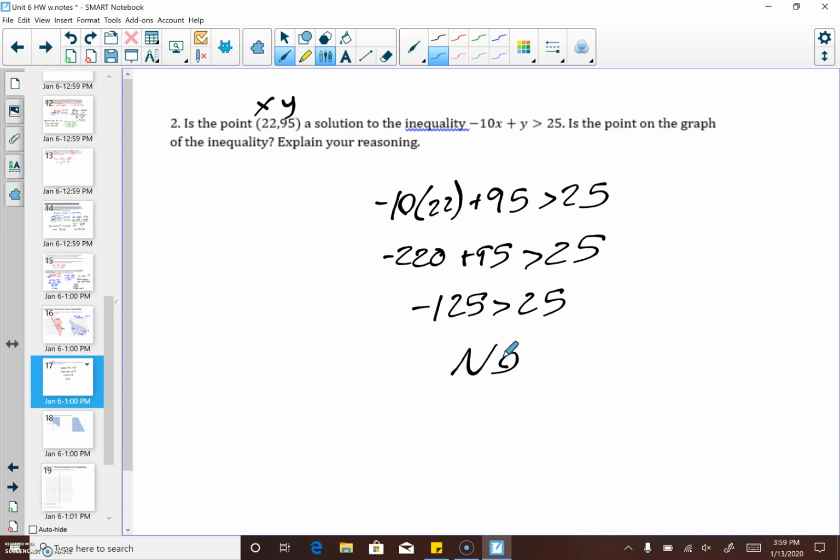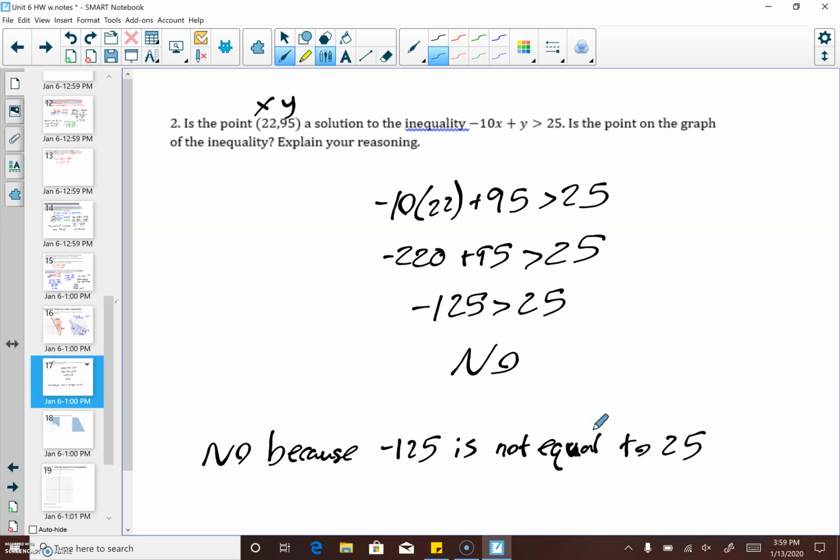Is the point on the graph of the inequality? Well, the answer to that is no, because if it were on the graph, and we don't mean in the shaded region, we mean actually on the line, negative 125 is not equal to 25.